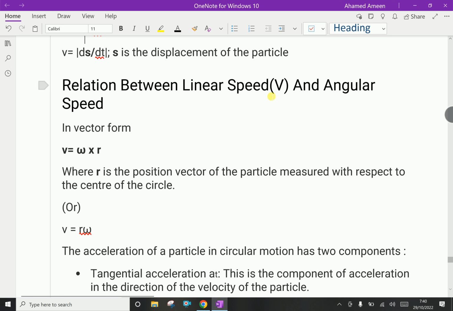Relation between linear velocity and angular velocity.